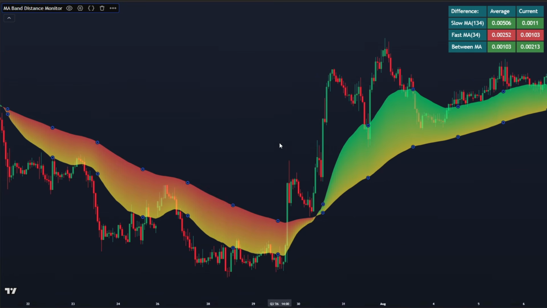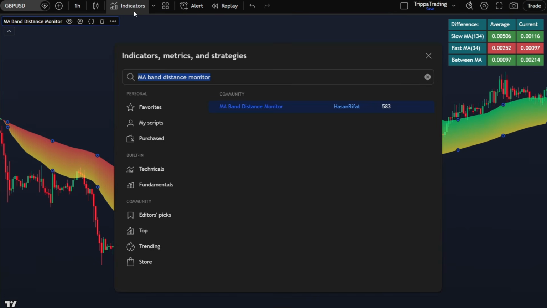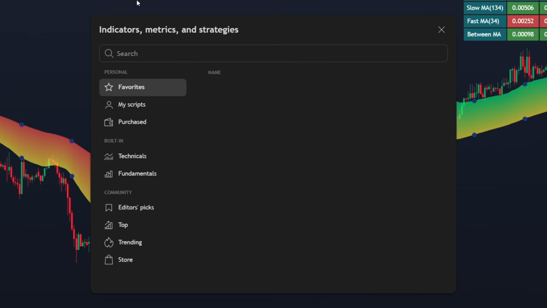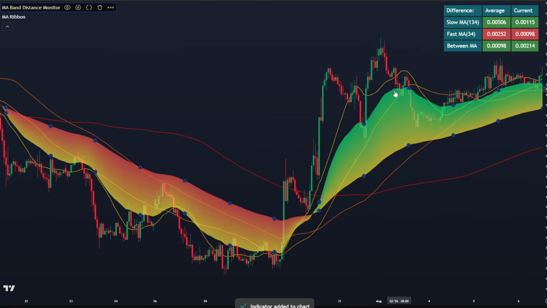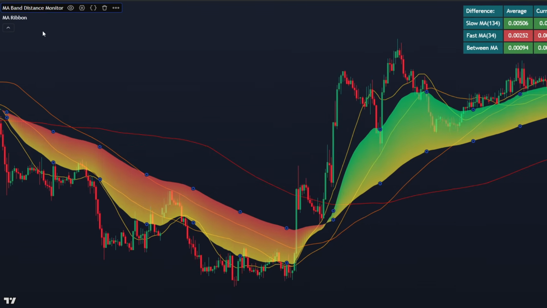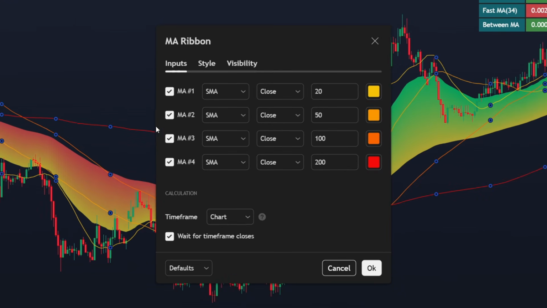Now we're going to add our second indicator. Open the indicators menu again and search for moving average ribbon. Add the standard moving average ribbon to the chart. By default, this gives us 4 different moving averages, but we don't need all of them. Open the settings and remove the last 2 moving averages so that we're left with only 2. Then change both moving average types to EMA.